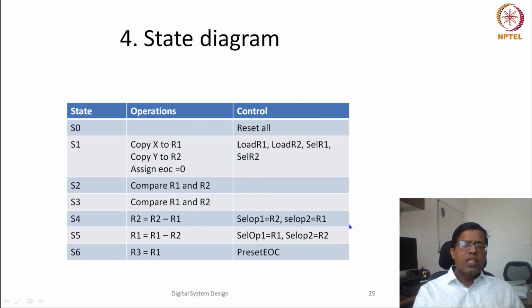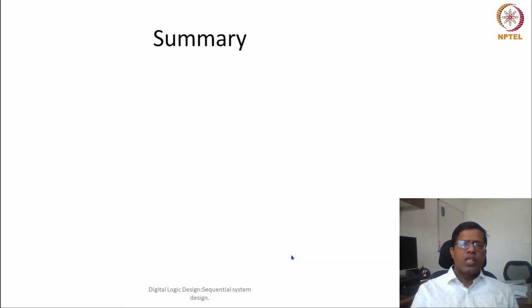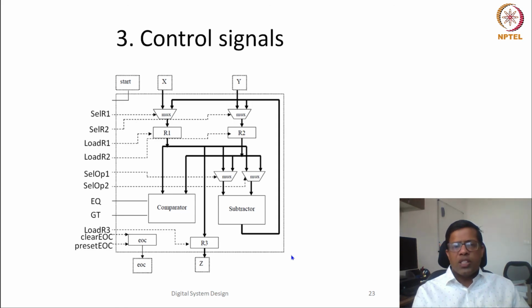So these are the signals which are asserted according to which state we are in, and finally in the S6 state R1 would be assigned to R3 and preset EOC would be asserted. This is the final design, and you see that all these structures are always there, but if we do not write the R1 value in the S5 state, the R1 value will not get updated; it will remain the same all the time.